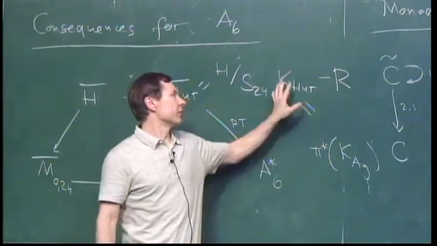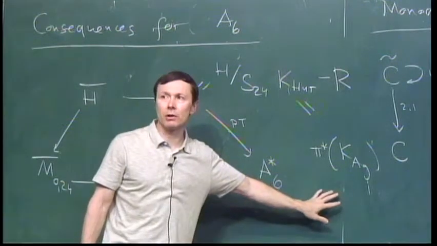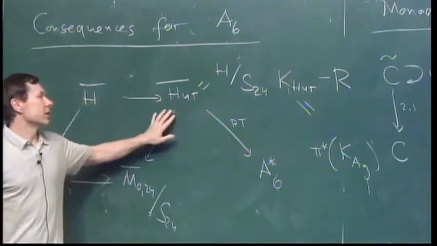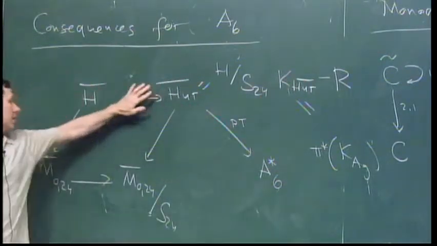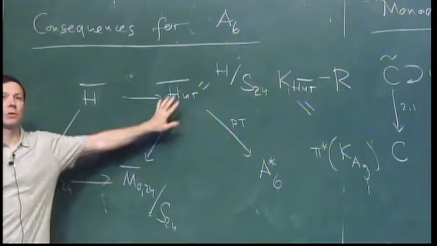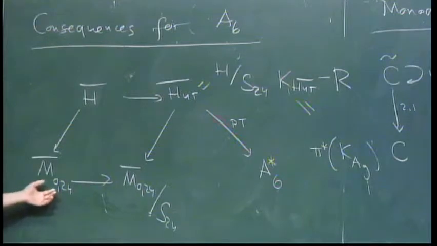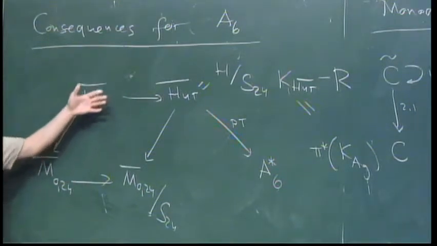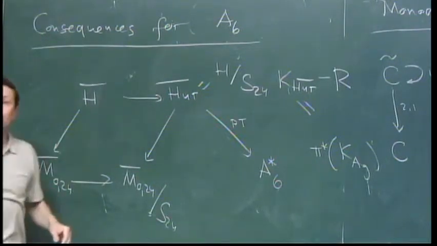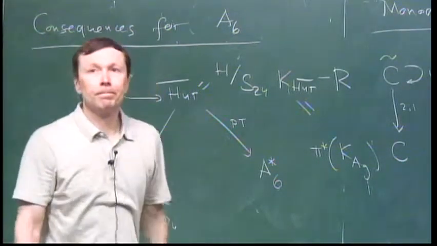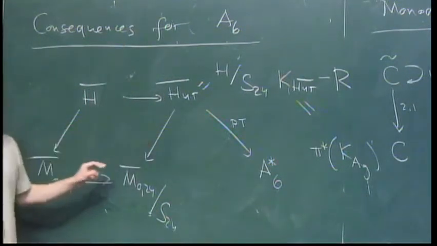So you want to know if this divisor here is big. So you want to know what the ramification divisors are, and then you want to study the canonical class here by using this map. So this Hurwitz scheme has a projection to M_0,24 bar, and so you want to know, what is the ramification of this?